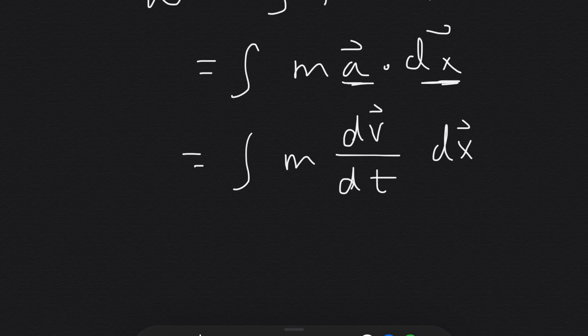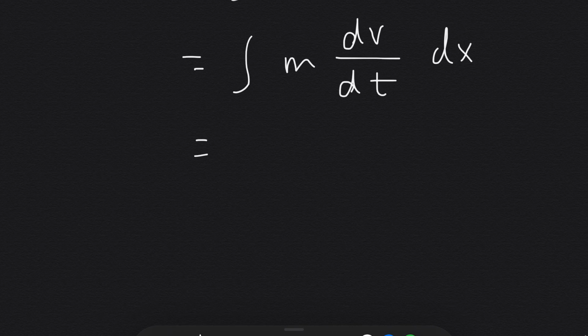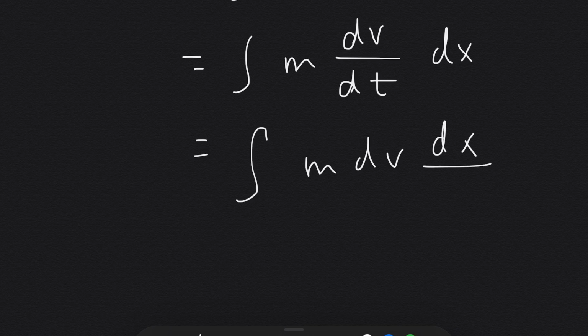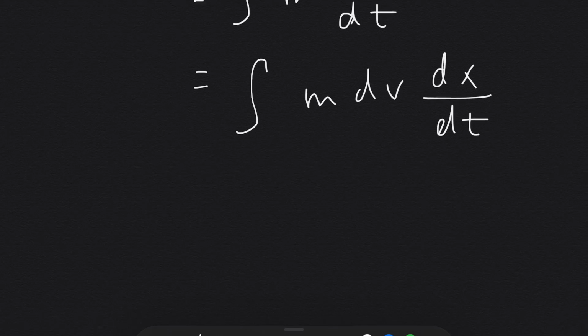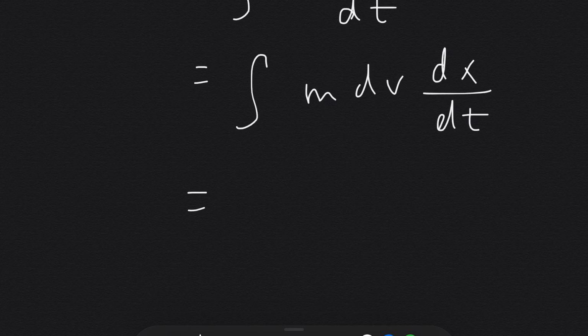All right, so what's going on over here? So I'm going to assume, by the way, that the acceleration is in the same direction as the x. So I can approximately just get rid of the dot, and in principle, I'll get rid of the vector signs. So now I can write this as m dv and move the dt below the dx. Well, dx over dt is what? Delta x over delta t, which is just the velocity.